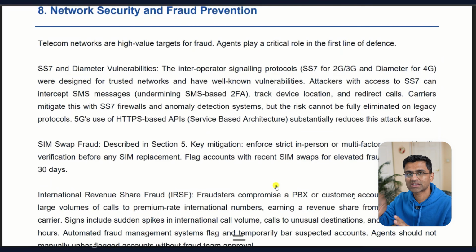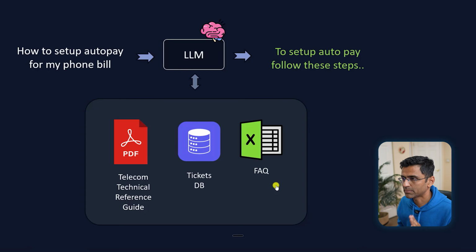So now we are going to extend, and other than the PDF, we have included 2 more sources, the CSV file for FAQs and the tickets database. So whenever you ask questions, the LLM will look into 3 sources, okay? PDF, database, CSV. This is a pretty good, diverse project. In real life also, you will have a variety of sources, so we are covering 3 different categories of sources.